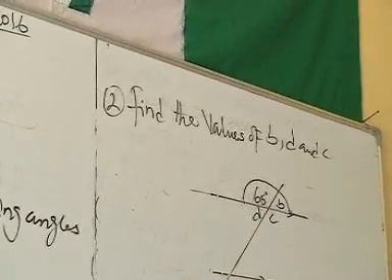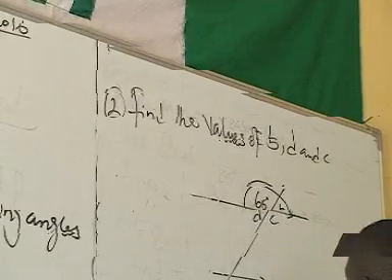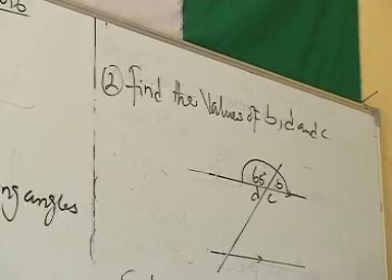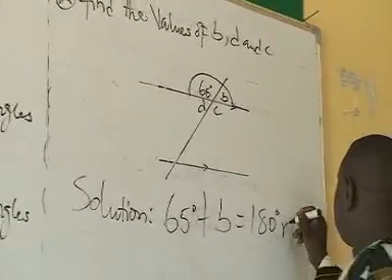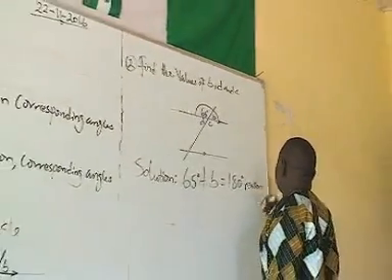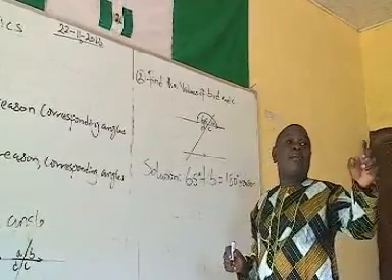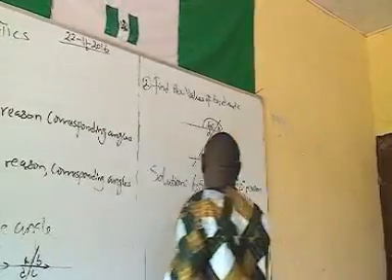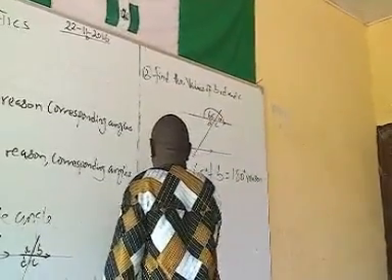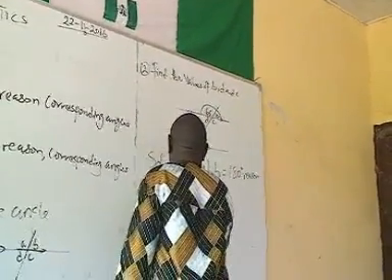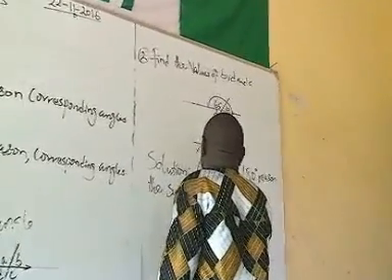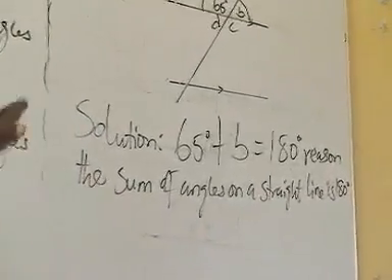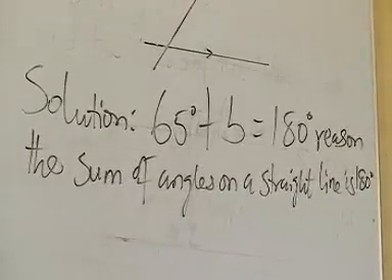65 degrees plus B equals what? 180. Reason: the sum of angles on a straight line is 180 degrees.